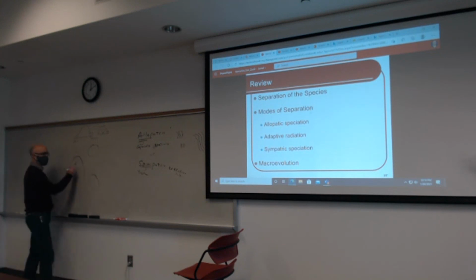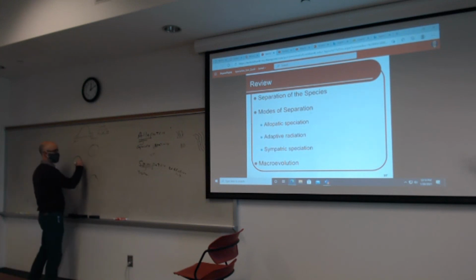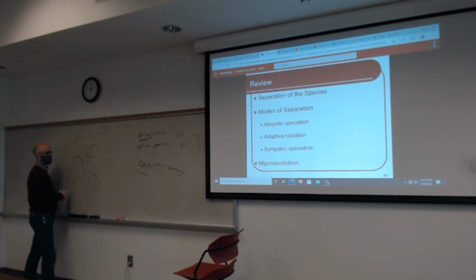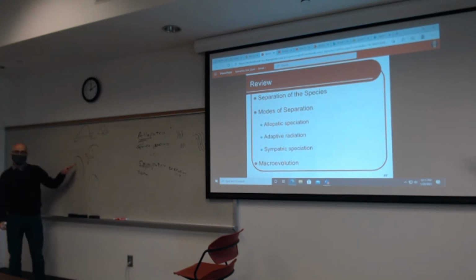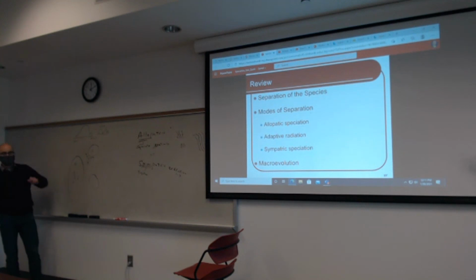Why is it much more likely if we take A from here and put them out there, that A will split into B and A right here? That's allopatry. Why does it make more sense to have allopatric speciation than sympatric speciation?